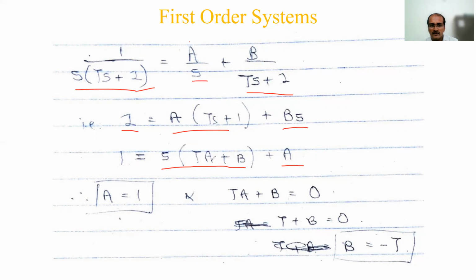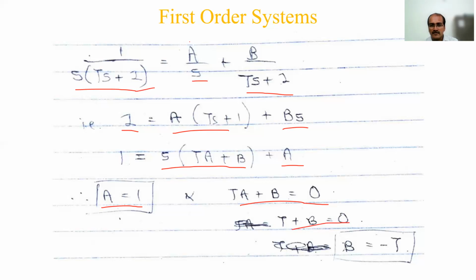So A is 1, the constant is 1. That's why the A value directly came as 1. You know how to do the mathematics, no need to explain much. Then the S part, nothing is there, 0. That's why tau A plus B is equal to 0. The A value is 1, so tau plus B equal to 0, and the B value will come as minus tau.